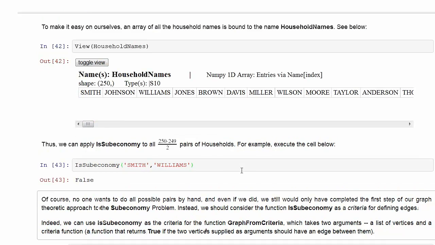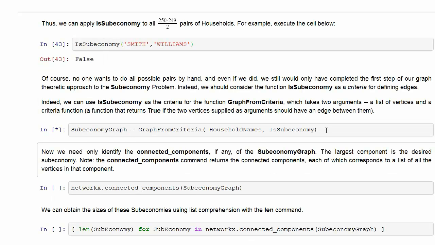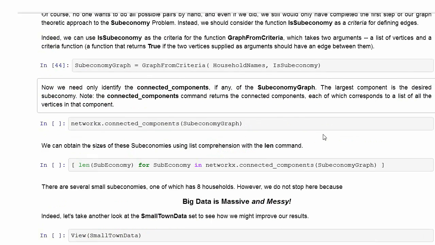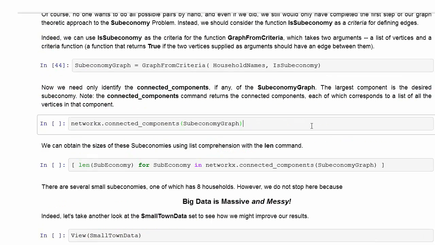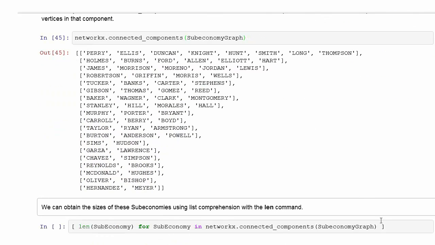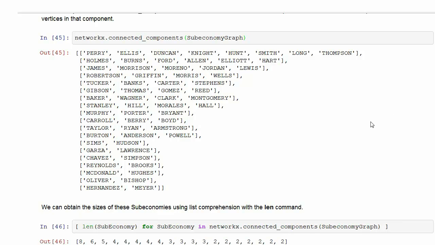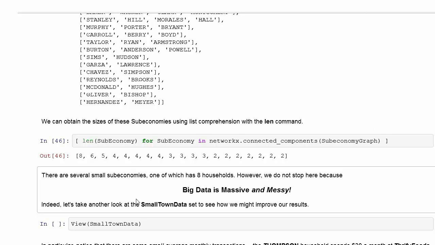So we can create a graph from a criteria function using is subeconomy, and we apply the graph. We find the set of largest components, and we notice that we have a component of size 8. What we see is we have a lot of subeconomies.